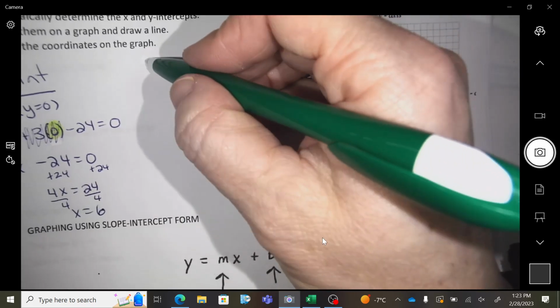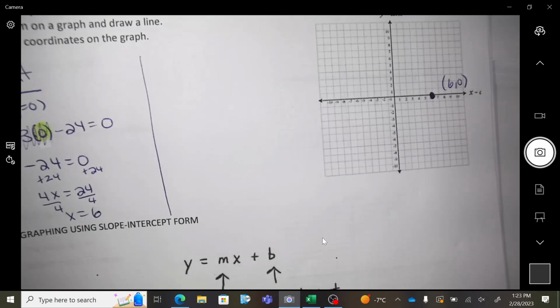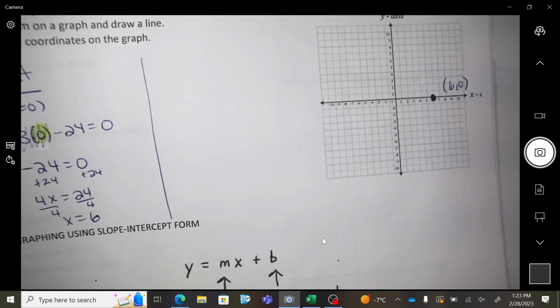Okay, can you try to tackle the y-intercept on your own then? Remember, you're going to have two maneuvers when you isolate.